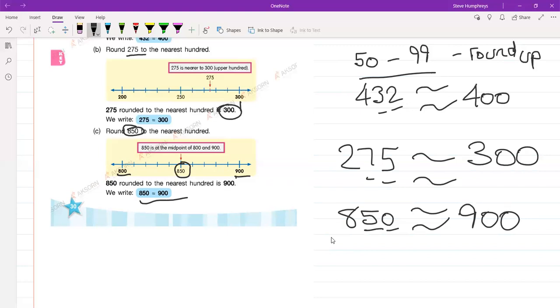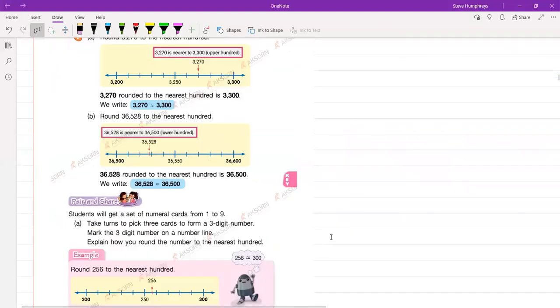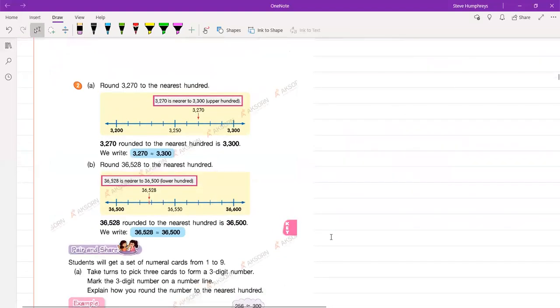Okay, next page, 31. More examples. It says round 3,270 to the nearest 100. Okay, remember, last 2 digits.